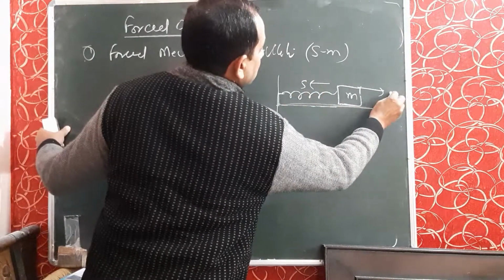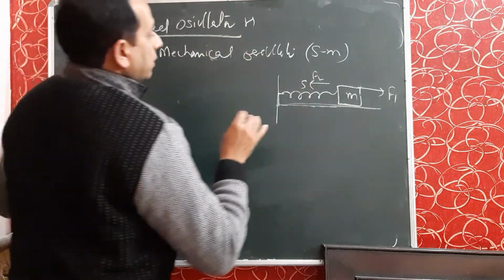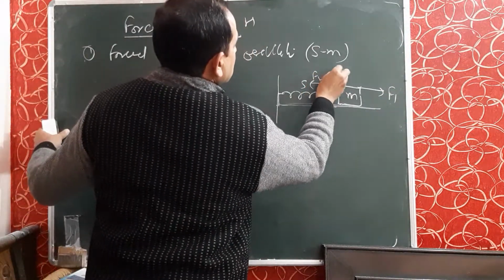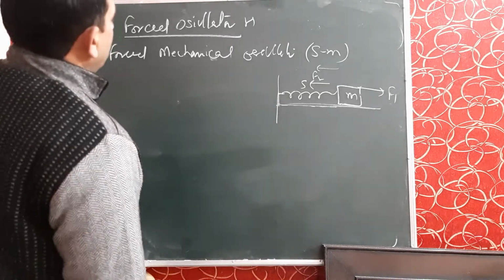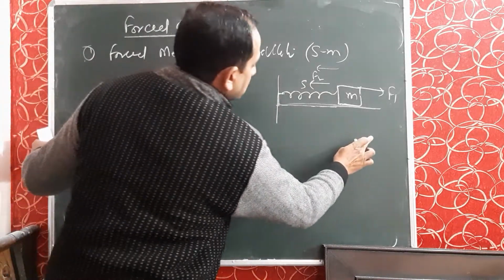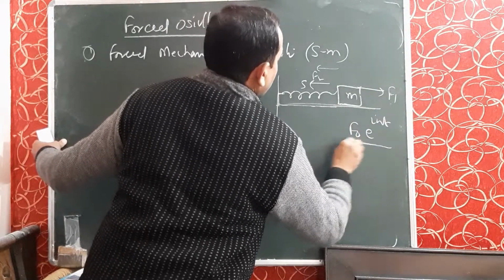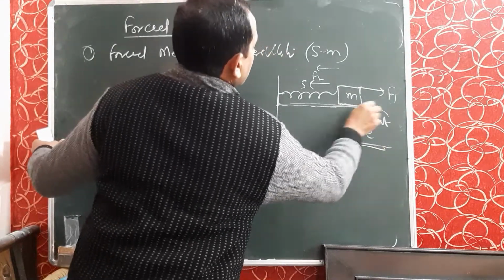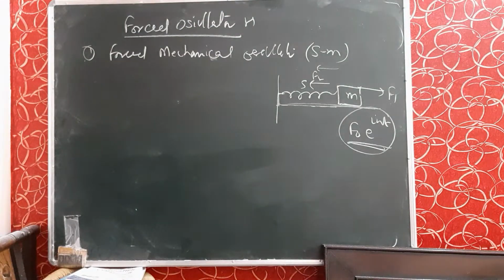So, F1 deforming, F2 restoring, and the frictional force or damping force is F3, and another external periodic force F naught e power iota omega t. This force is also applied on this oscillator to produce oscillations or forced oscillations.